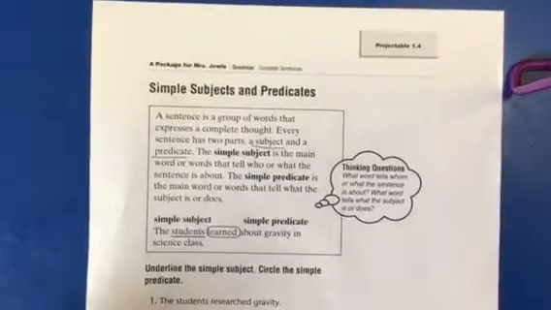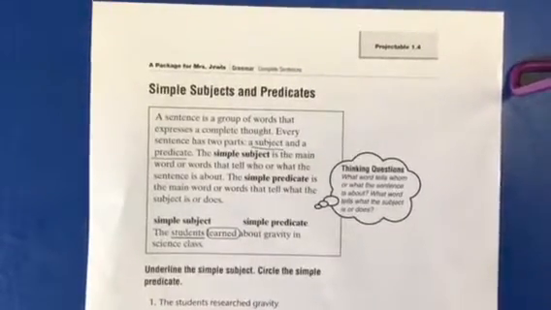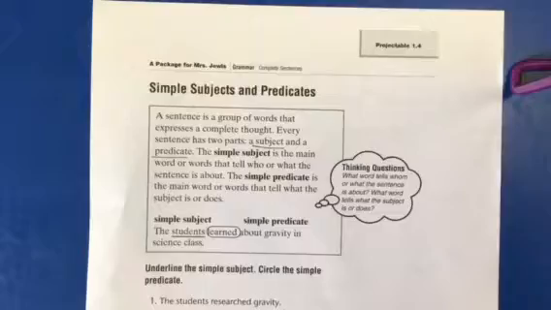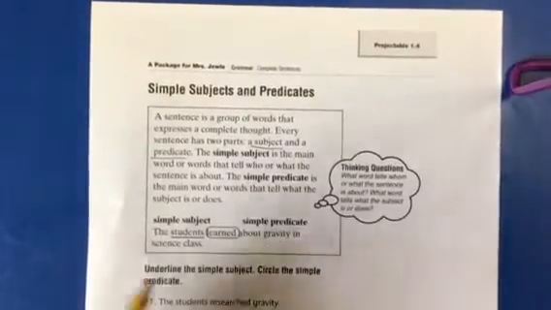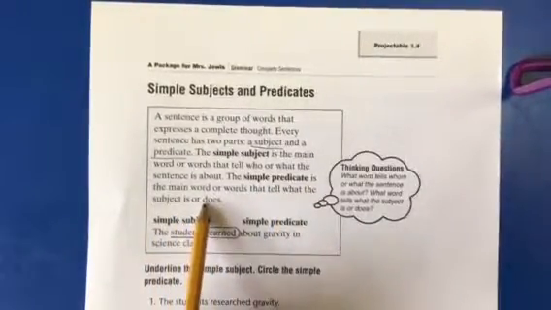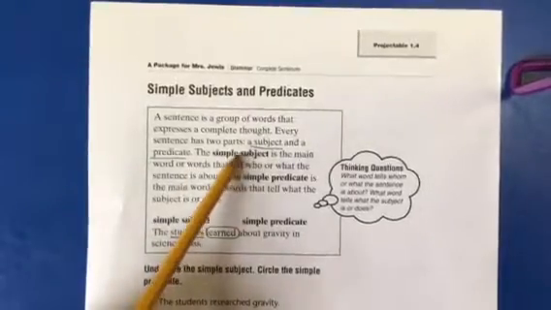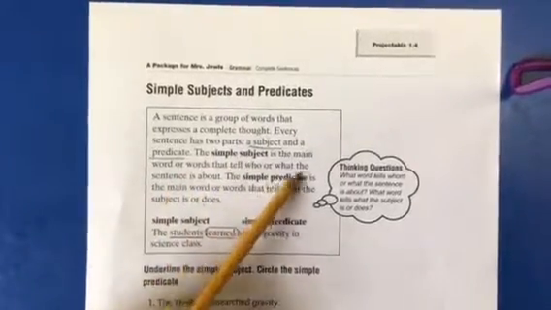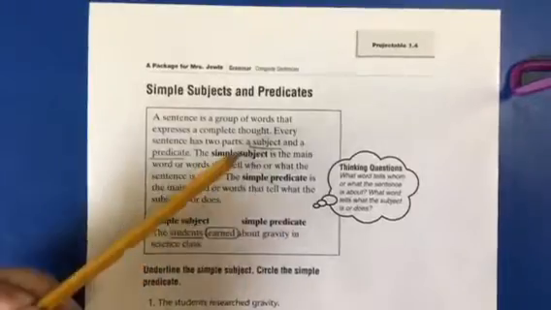It is not a sentence if it doesn't have those two things. The simple subject is the main word or words that tell who or what the sentence is about. The simple predicate is the main word or words that tells what the subject is or does. So really, the subject is who it's talking about, and the predicate is what they are doing.